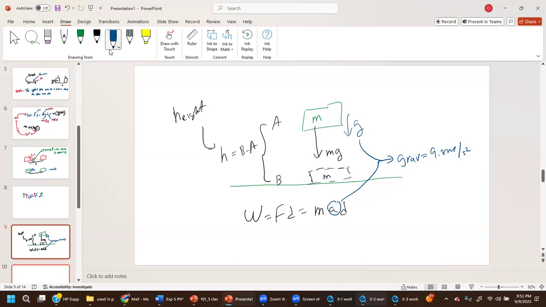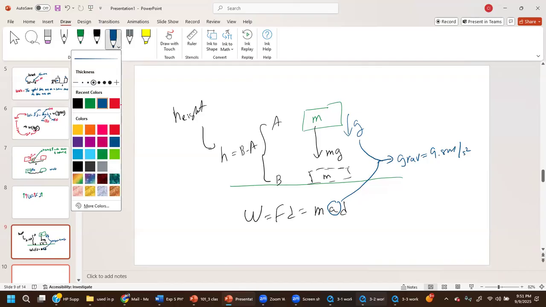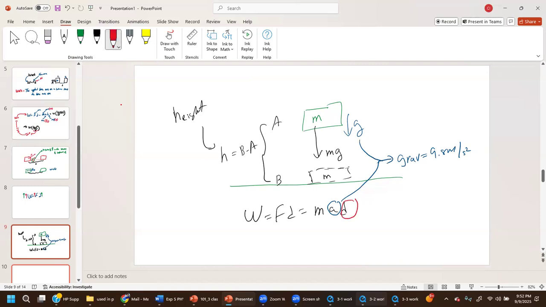Now, distance has a lot of names. What type of distance do we have? It's the height. And actually, let me make this A minus B, because A is bigger in this case, because you just want the distance, which is the height, which is your change in position.